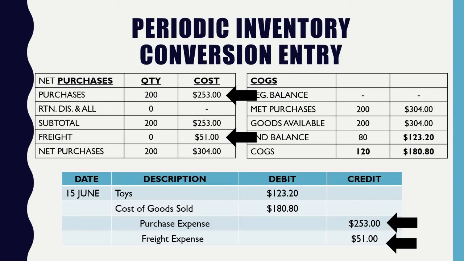This is what we have to do every single time we do a periodic inventory. Once we finish the worksheet, you must complete the journal by adjusting your inventory and putting in a conversion entry. Any questions?